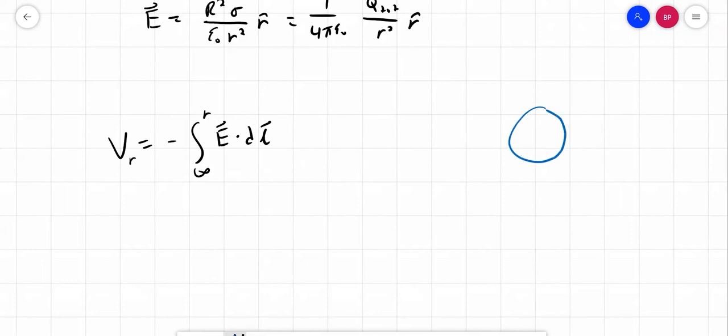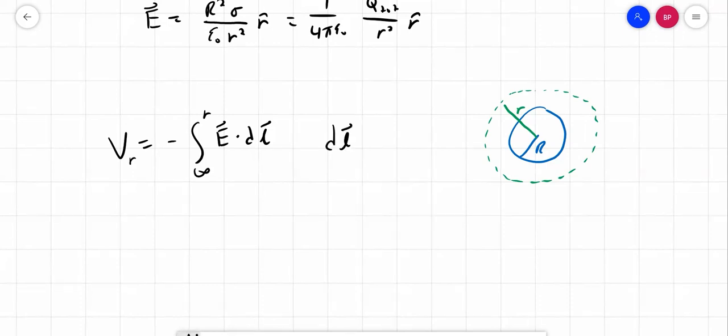So here's our sphere, and we want to know the voltage some distance r, where little r is bigger than capital R. Well, I can take any path I want from infinity to this r, and of course the voltage will be constant over this sphere here. And so let's take the radial path, because that'll be the easiest to calculate.